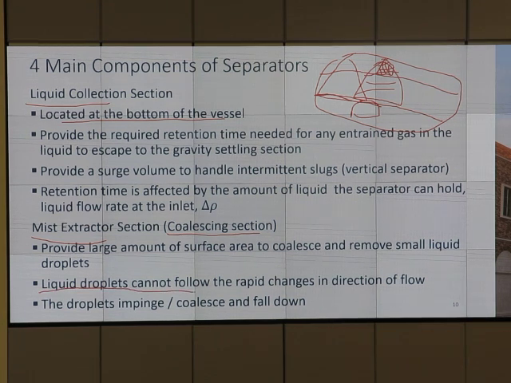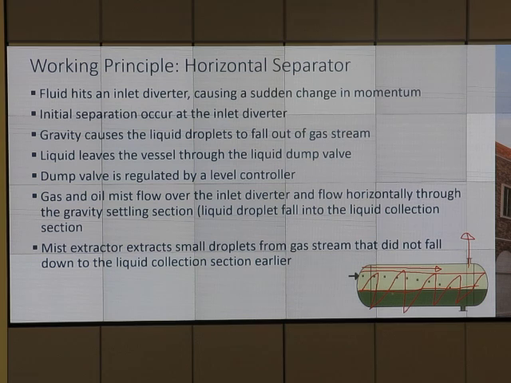Liquid droplets cannot follow the rapid changes in flow direction caused by the mist extractor. Instead of moving straight, the mist cannot go straight, right? It has to go in a zigzag direction. So it increases the distance for vapor to travel, so it has more time to separate too. And the droplets that impinge or coalesce will fall down. We will talk more about that. Good. So you know about the four main components of the separator.